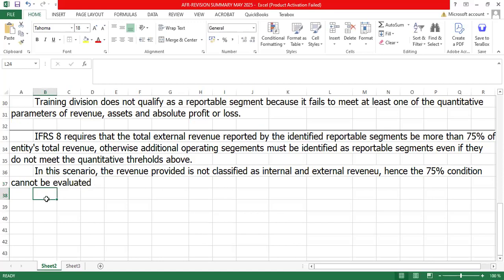Since in our question, the examiner didn't classify the revenue as internal and external, there is no way you are going to apply this condition. Remember, internal revenue is generated from selling goods or services to group members.